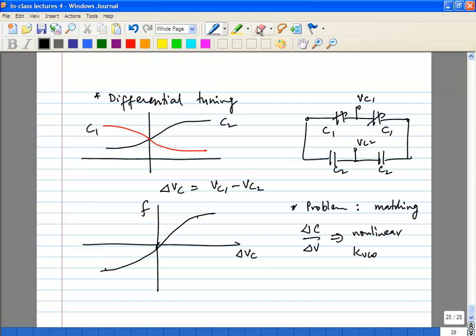Oh, actually, I should shift this. You're right, it's a good point. You will need a shifted curve.